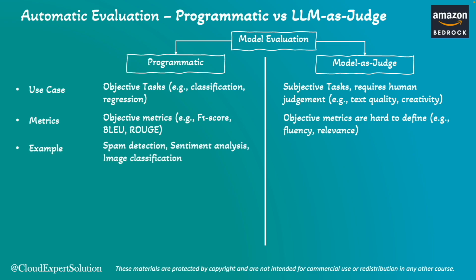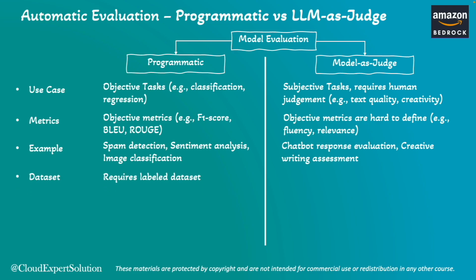In terms of example use cases, you can use programmatic evaluation for spam detection, sentiment analysis, and image classification. On the other hand, model as judge can be used for chatbot response evaluation or maybe creative writing assessments, and here you can understand the different use cases that model as judge and programmatic evaluation solve.